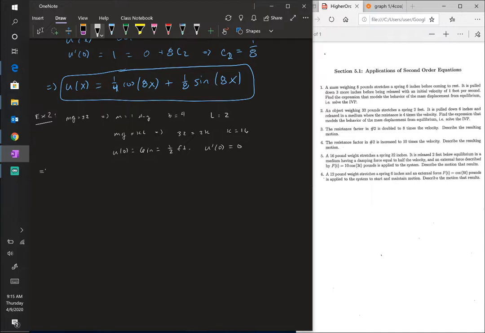So that means our initial value problem is going to be u double prime plus 4u prime plus 16u equals 0, and u of 0 equals 1/2, u prime of 0 equals 0. So this is our initial value problem that we need to solve now.